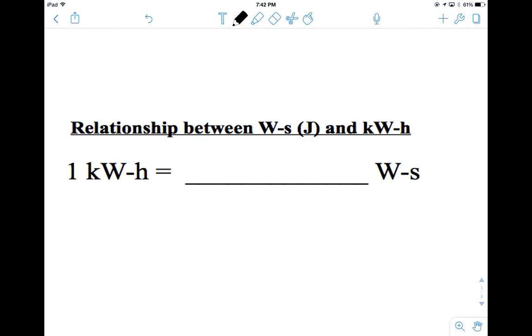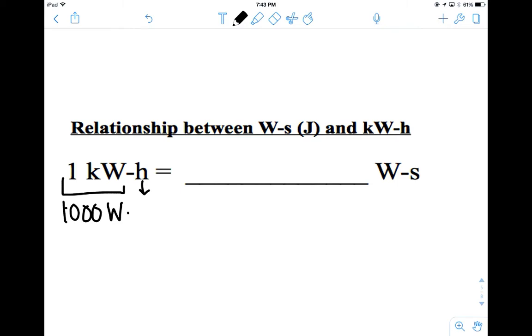If we have a kilowatt, think of it like a kilometer or a kilogram. We're actually talking about 1,000. So 1,000 watts are in 1 kilowatt. Now, 1 hour is 60 minutes, with 60 seconds in every minute.